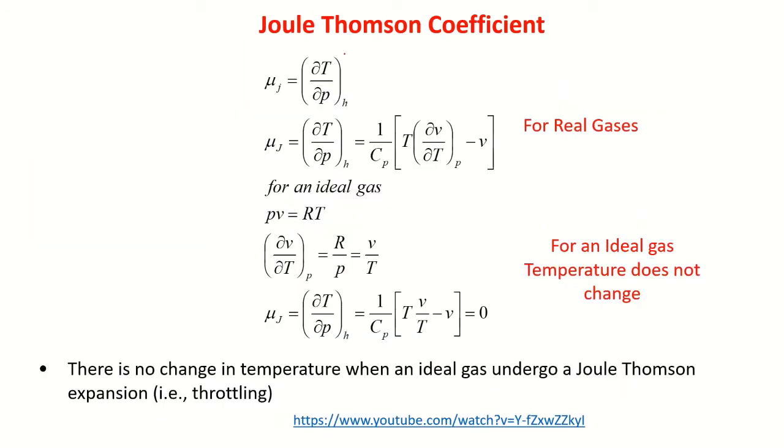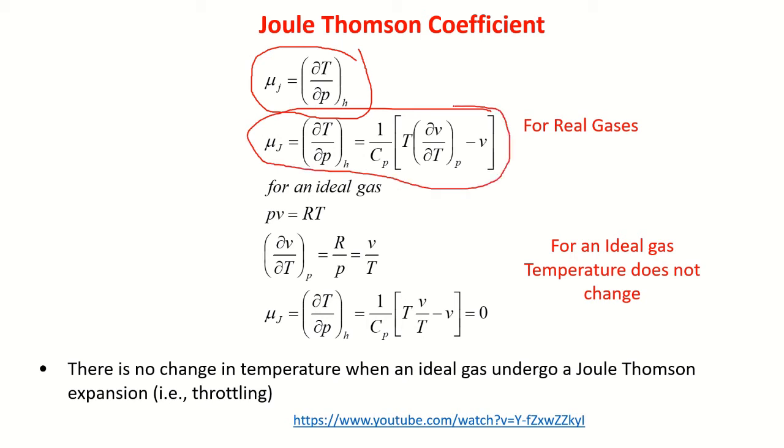Now I can define the Joule-Thomson coefficient as I told you. Mu J is equal to dou T by dou P, keeping H, enthalpy, constant. This can be written in another form using Maxwell's relationships. This equation is applicable only for real gases.